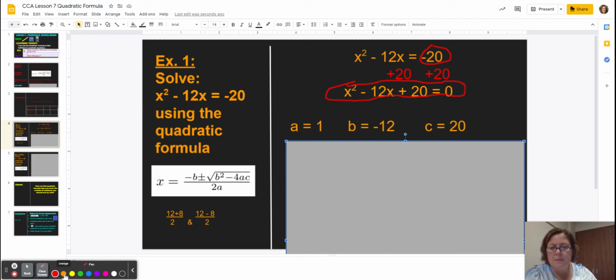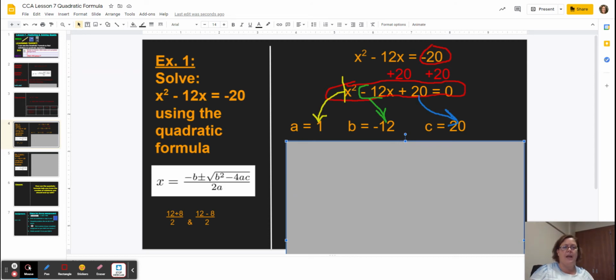In this case, there's an imaginary 1 right here, so we know that a is 1. And even though there's subtraction there, this subtraction actually belongs to 12, so b is negative 12. And then c is a positive 20. So that's what I've done there, I've identified my a, b, and c.